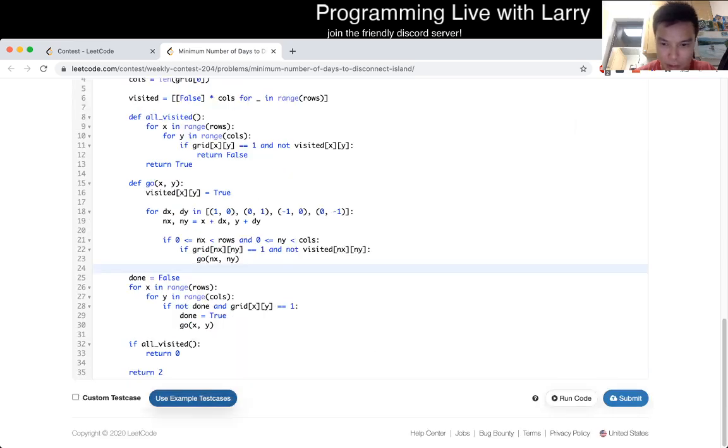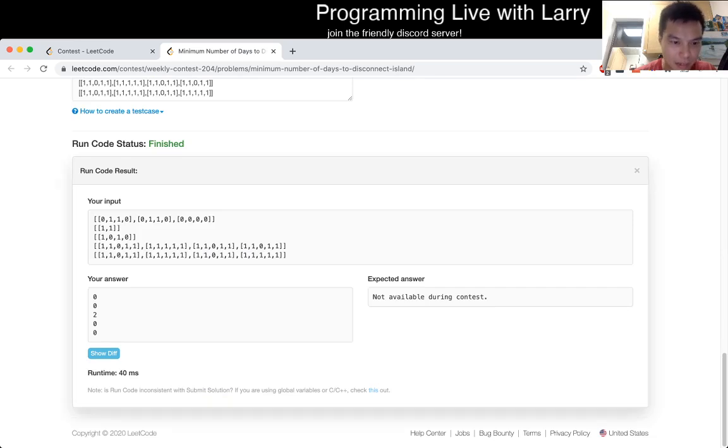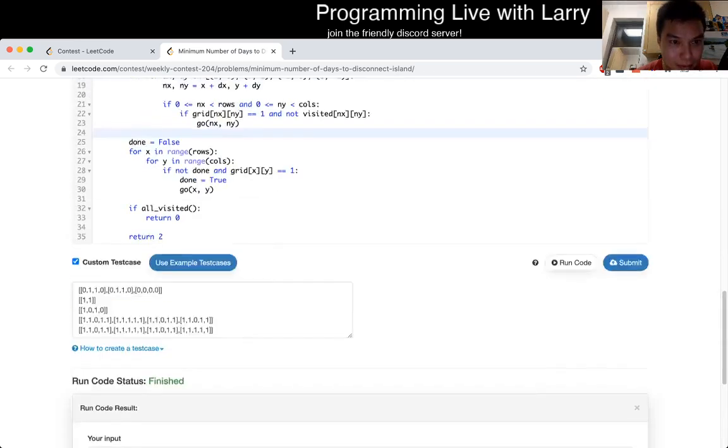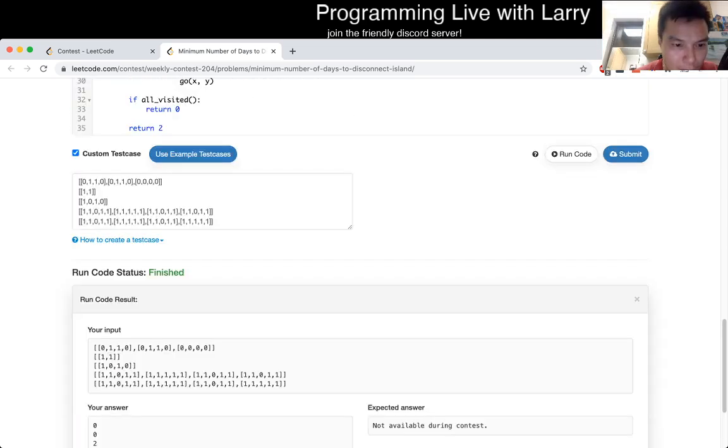Now let's try to see if that passes for 3. Okay, that passes for way too much actually. Oh no, this is wrong.